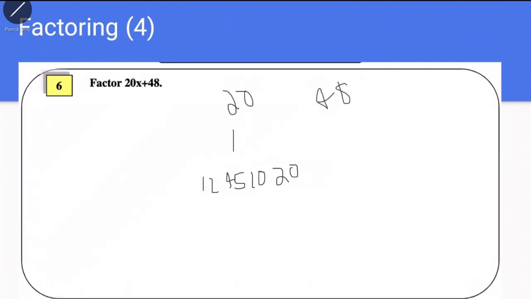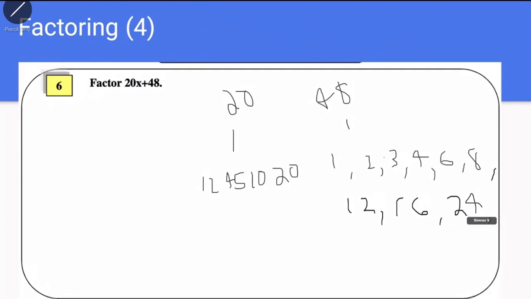Now for the factors of 48, we're going to start off with 1, 2, 3, 4, 6, and 8, and then it's going to continue to 12, 16, 24, and then finally 48.